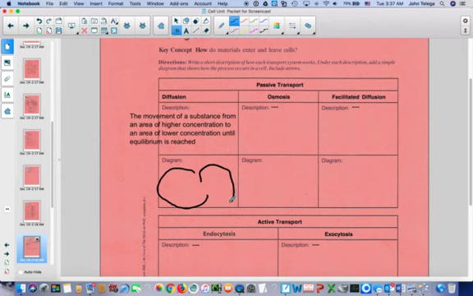And the idea is, if we have a tight concentration of items inside of this cell, and then not so much on the other side, the material is going to move this way from high to low.